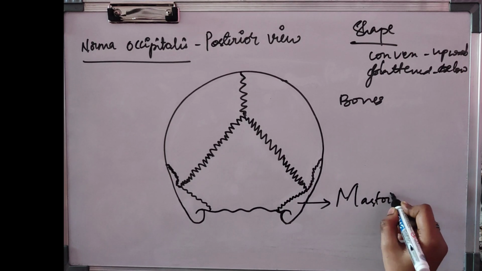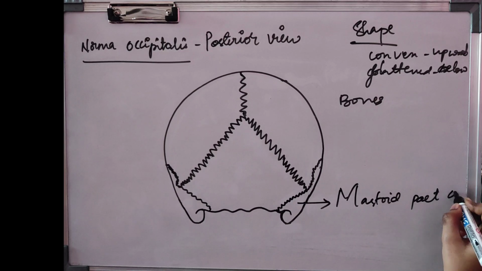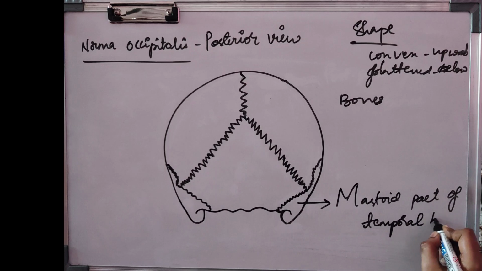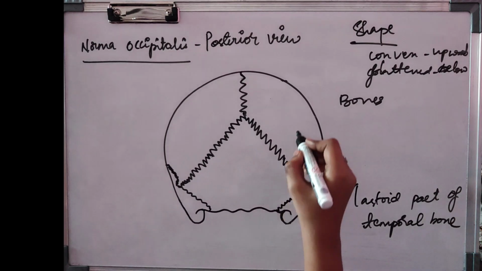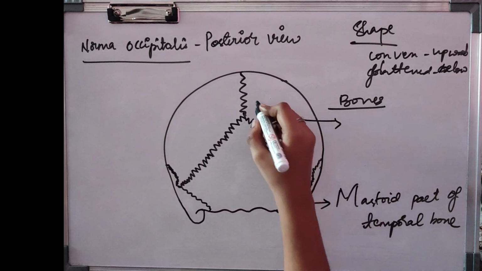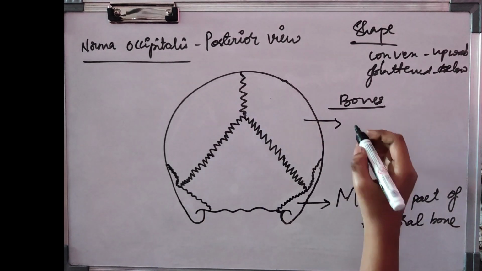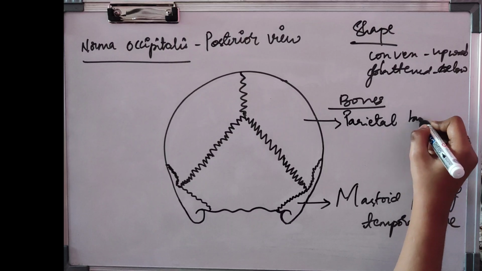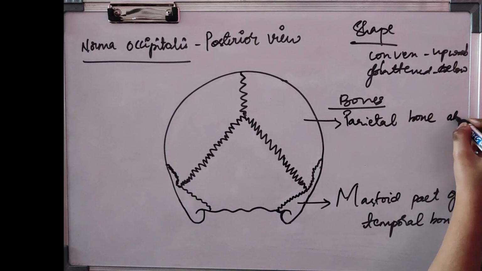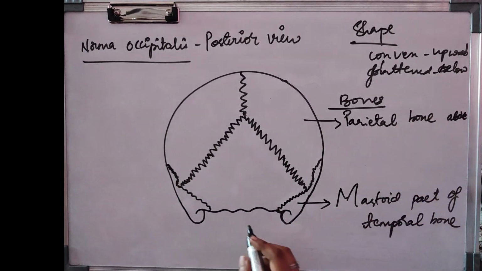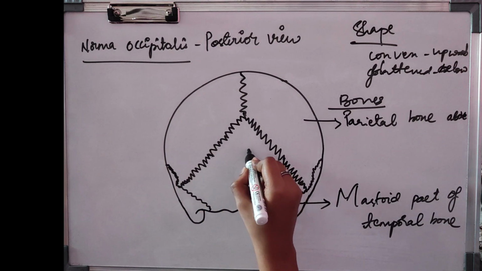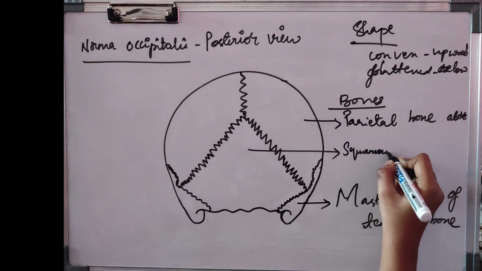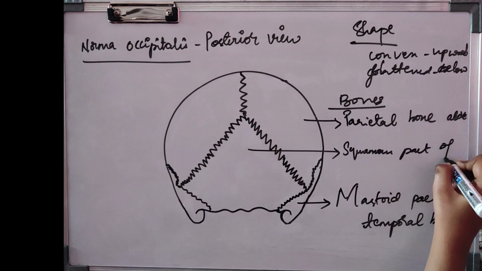This is the mastoid part of the temporal bone, and also we can see the upper part of the parietal bone above, and this is the squamous part of the occipital bone.